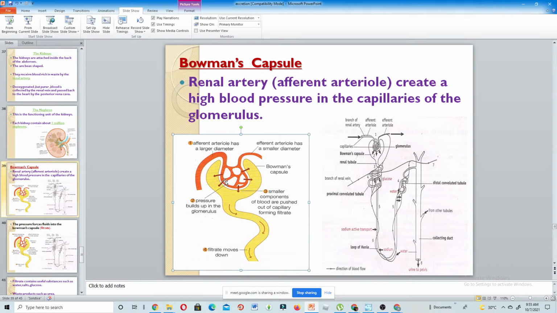Now inside those capillaries is where you actually have the blood. Right, the glomerulus is formed by a network of capillaries.